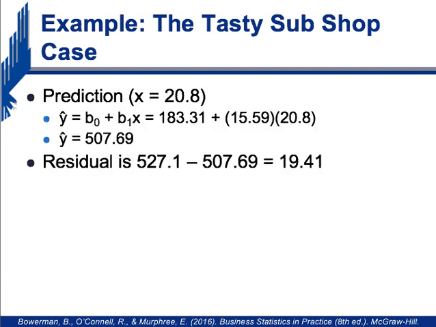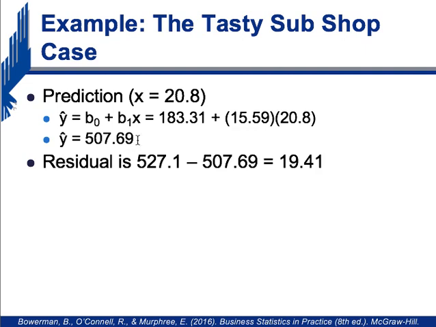If we use the equation to make a prediction, going back to the data set, there is one value of x which is equal to 20.8. If you plug in the value of x to the regression equation, we will get a prediction of 507.69.